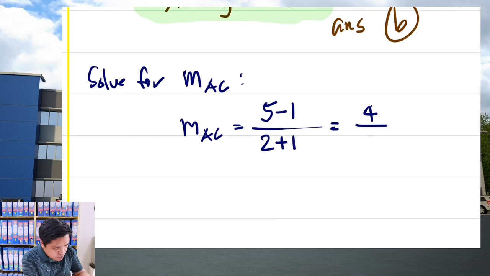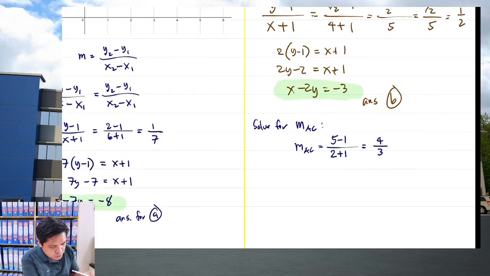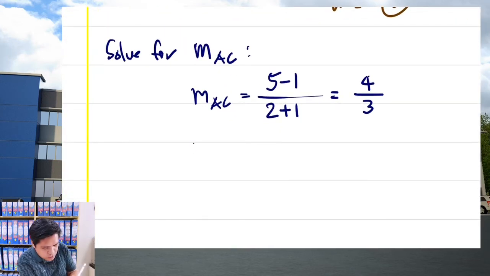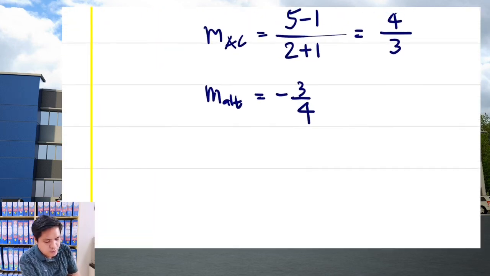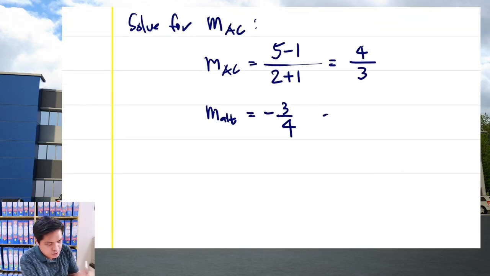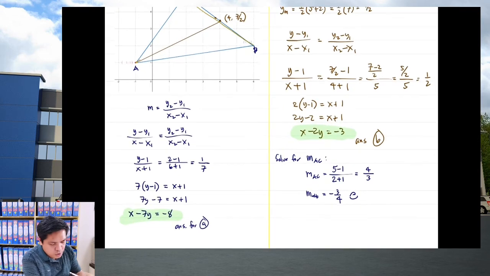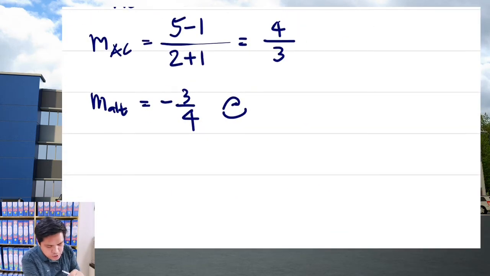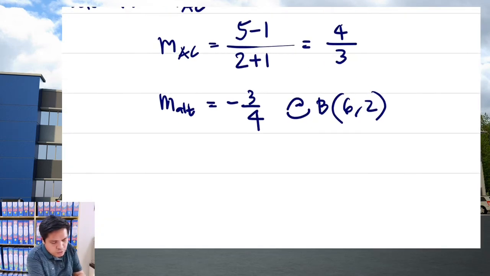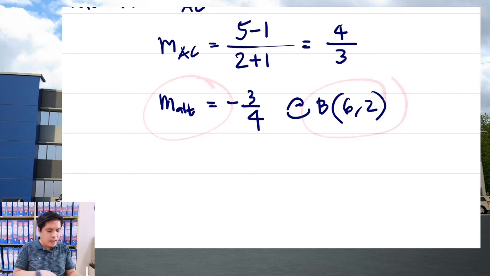So that's 4 over 3. So the slope of AC is 4 over 3. Therefore, the slope of the altitude is the negative reciprocal of 4/3, which is negative 3/4. So we now have the slope. Next, we have a point. It passes through 6, 2. So the slope is negative 3/4 and it passes through B, which is 6, 2. So we now have the slope and the point.